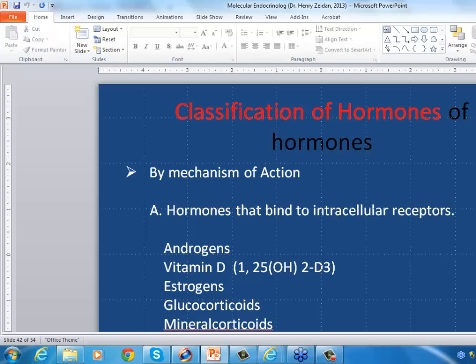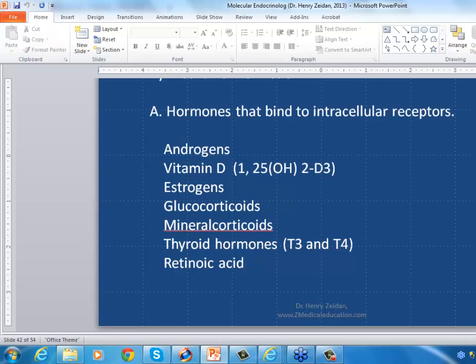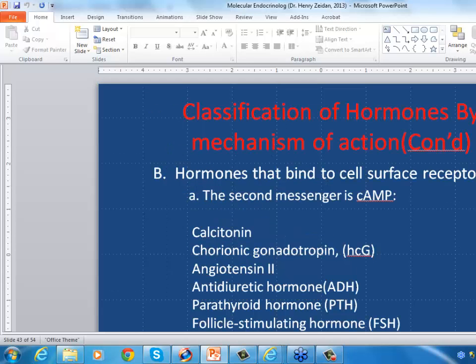Vitamin D, estrogens, glucocorticoids, mineralocorticoids, all those classes are considered lipid-soluble hormones. Thyroid hormones, T4 is the bound form, T3 is the free form, retinoic acid. So all of those belong to intracellular receptors.